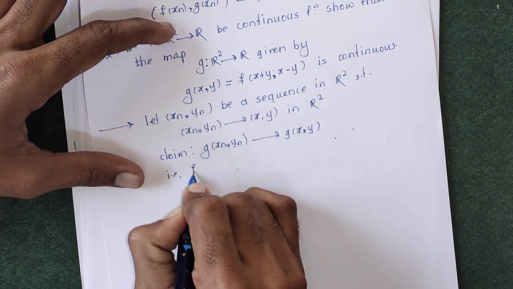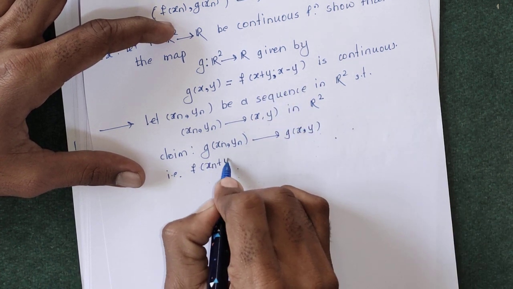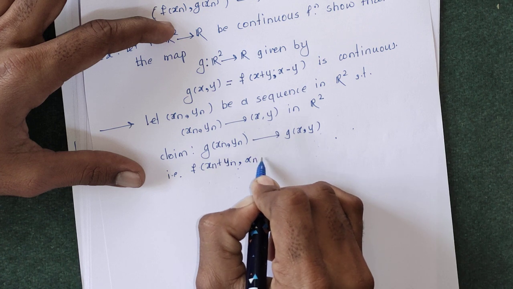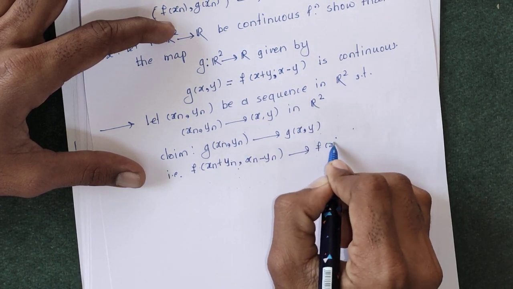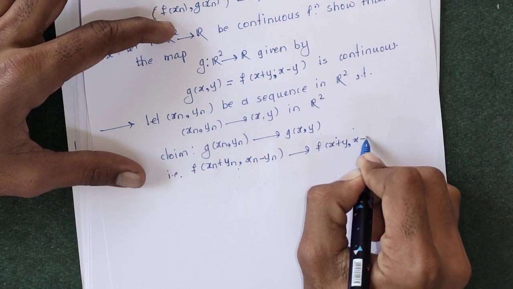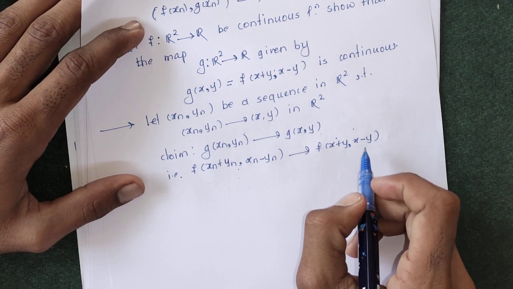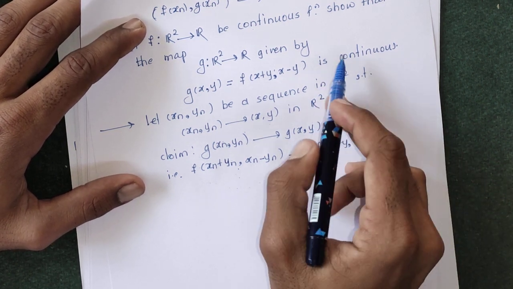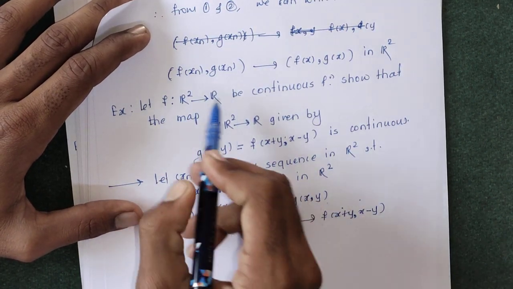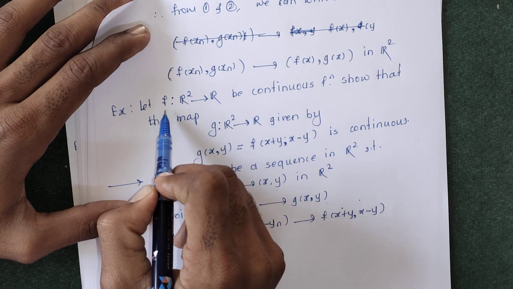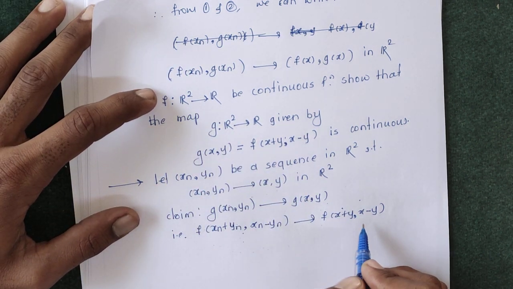We have to prove that f of (xn plus yn, xn minus yn) converges to f of (x plus y, x minus y) in R, because f is a function from R square to R, so these elements are also elements of R.